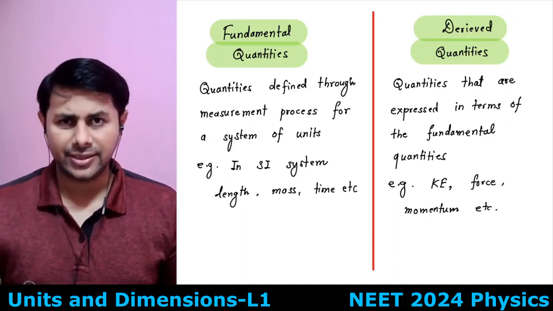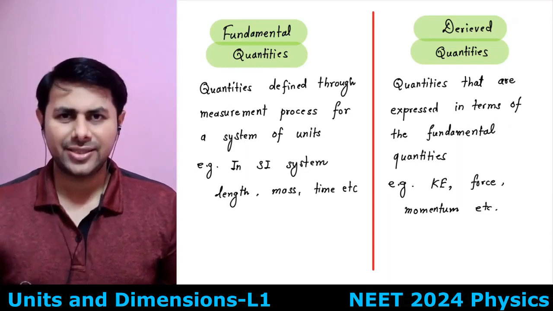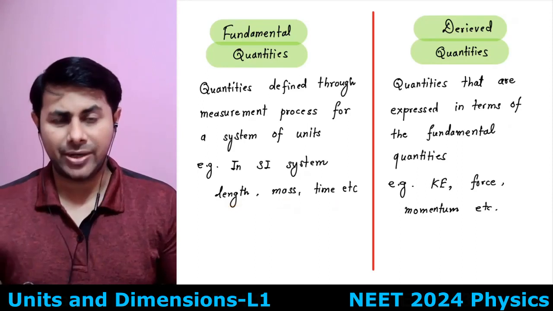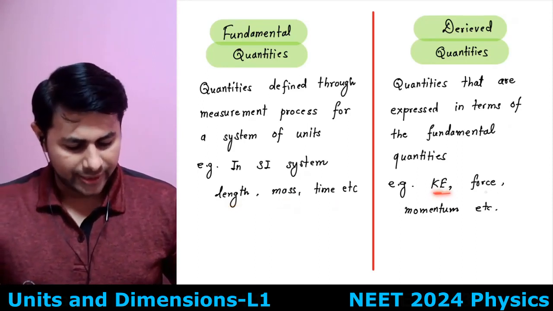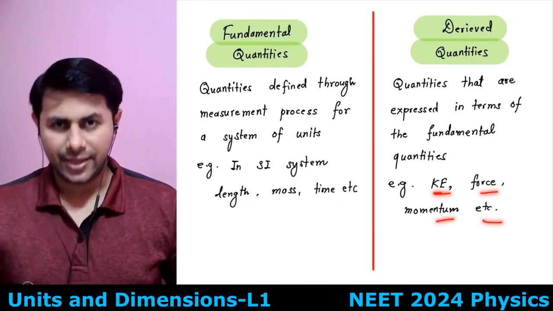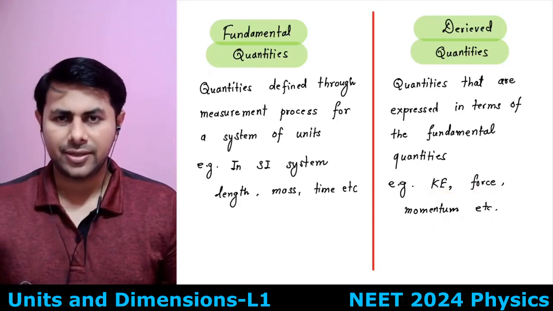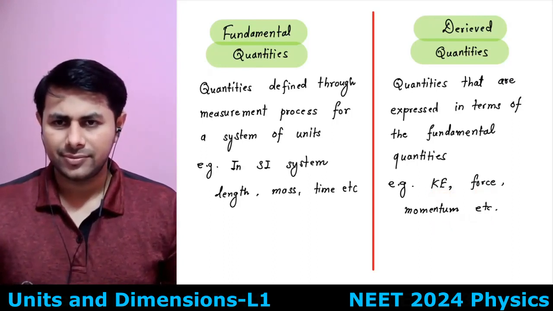If you take the SI system, which I haven't defined yet, where length, mass, time are three of the fundamental quantities, then you can find units of kinetic energy, force, momentum, etc. These are derived quantities. Got it? Fundamental and derived.